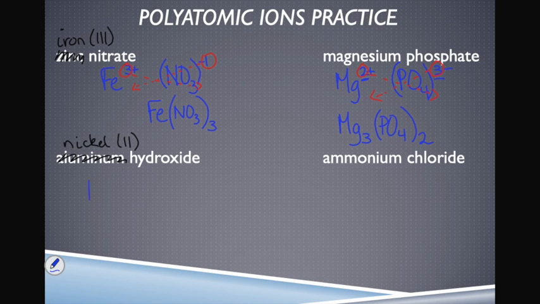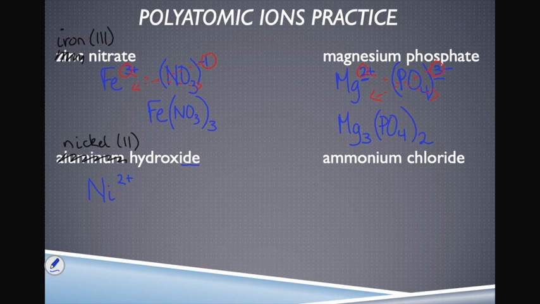Nickel 2 hydroxide, so nickel with a 2+ charge. Hydroxide, now here's one of them that ends in "ide" but is still a polyatomic. I see a lot of students thinking that this is hydride, like it's just an H with a 1-. That's not the case.